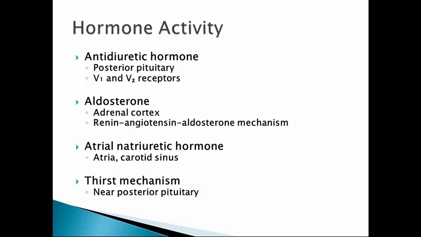Because remember, when you're running from a bear, you have to have a positive fluid balance. So not only do you need your vessels to clamp down under the influence of angiotensin II, you also need the kidneys to reabsorb sodium so that you reabsorb and reclaim all the water you can to keep your blood volume up so that you have enough blood pressure to circulate your muscles to run from the bear.